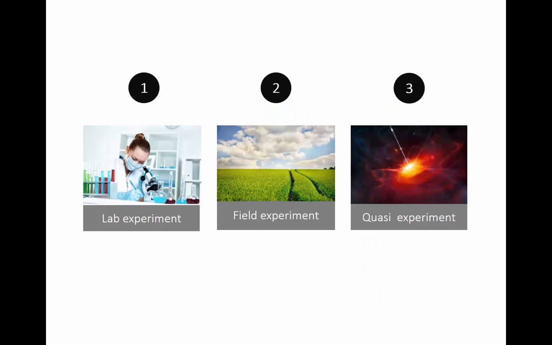Okay, so three different types of experiments. We can have laboratory experiments or lab experiments, field experiments, and what we call quasi-experiments. Okay, so let's get started with laboratory experiments.